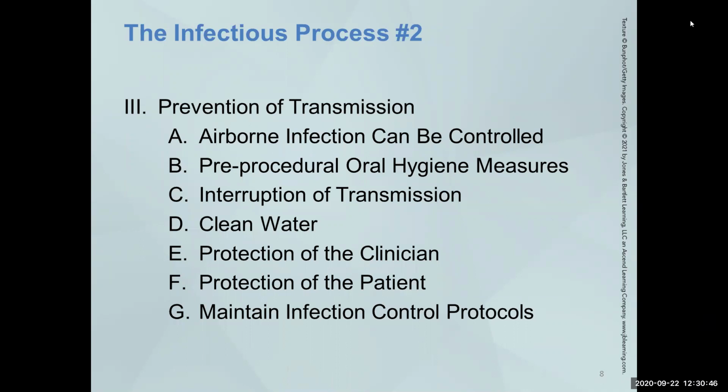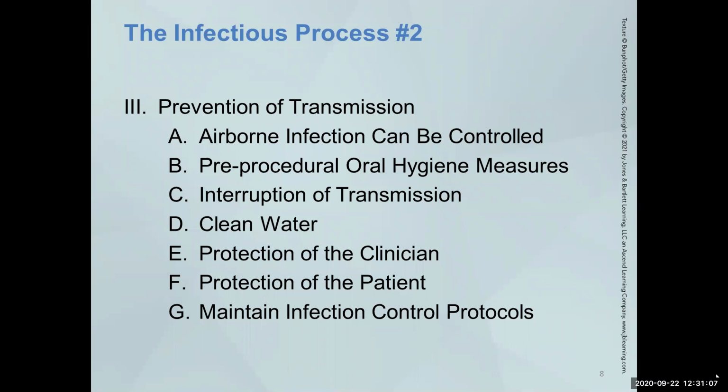So part of the discussion is, yeah, it's great to use your peroxide rinse for the COVID pre-rinse. However, how effective is it really? So you do what you can, and with that, you're doing a pre-procedural rinse, but you're also minimizing the amount of aerosols that you're producing.